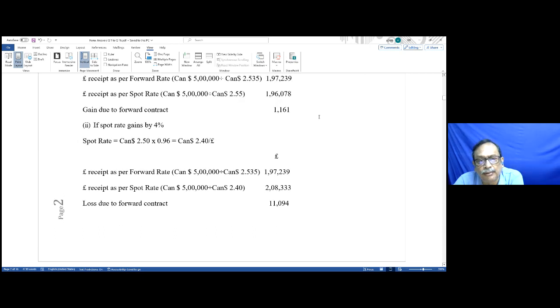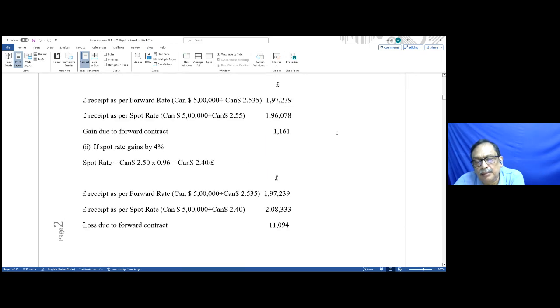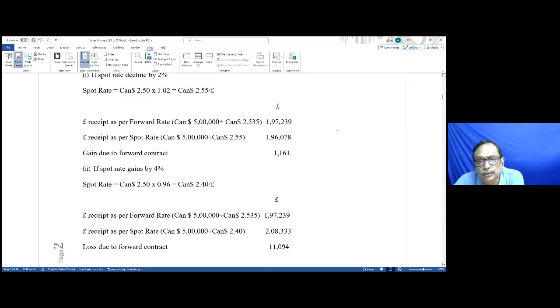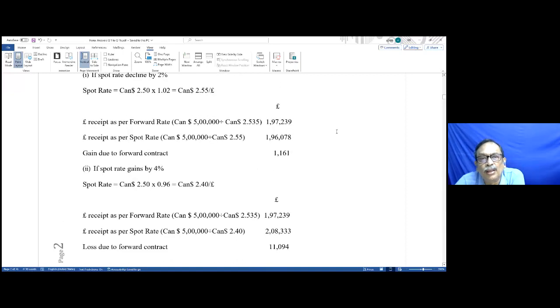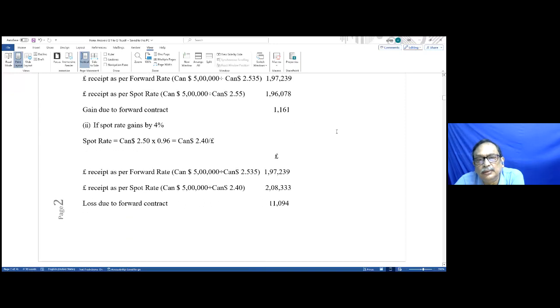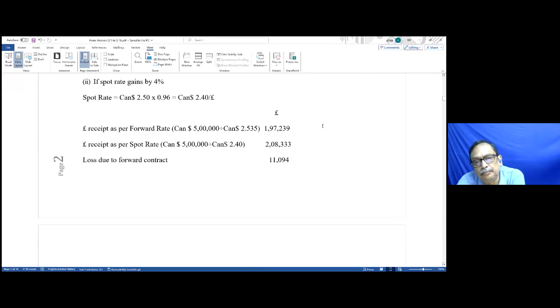Then pound receipt as per forward rate, Canadian dollar 5 lakhs divided by exchange rate, that is Canadian dollar 2.535, that we have already computed. That gives us 197,239. And pound receipt as per spot rate, that will be Canadian dollar 5 lakhs divided by Canadian dollar 2.40, which comes to 208,333.